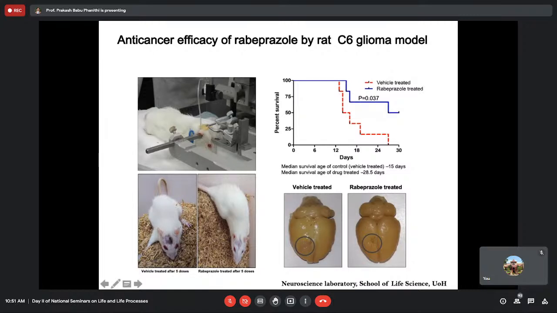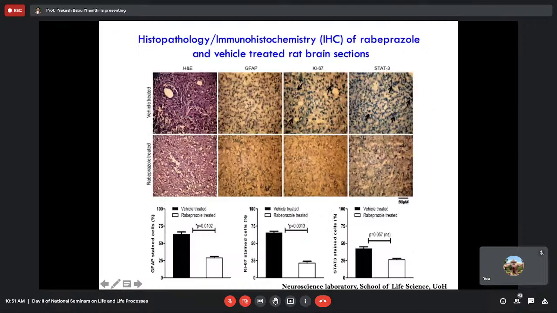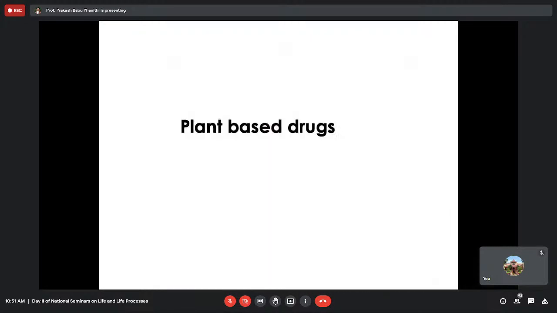If you see the graph, the vehicle treated animals will die at around 26-27 days, whereas the rabeprazole treated animals survived. Even the tumor size was reduced when treated with rabeprazole. Histopathology also indicates that rabeprazole is mitigating the tumor positive cells using Ki67 and STAT3, indicating that rabeprazole can be used as one of the effective treatment strategies.